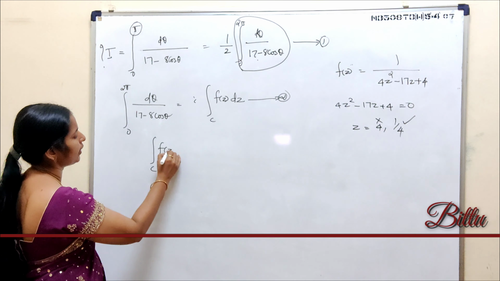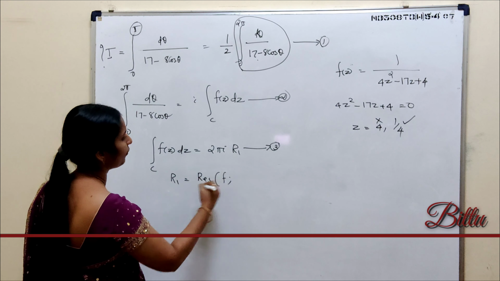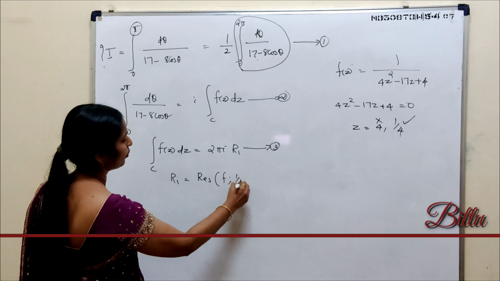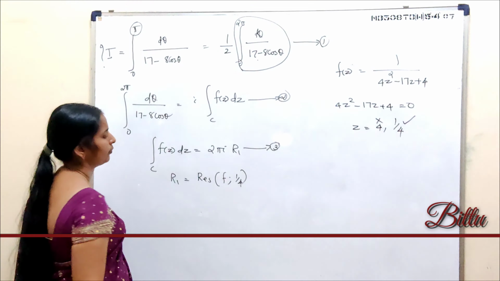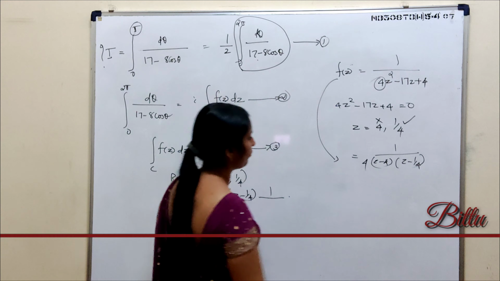Next, we have to evaluate R1. R1 is the residue of f at 1 by 4. That is limit z tends to 1 by 4, z minus 1 by 4 into f z. f z is this, and its factorization will be 1 by z minus 4 into z minus 1 by 4. Here the coefficient of z square is 4, so we have to put a 4 here.